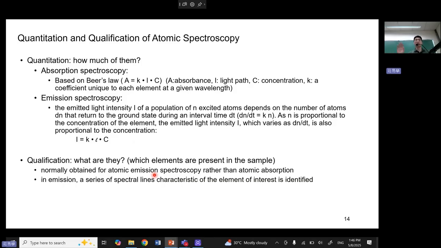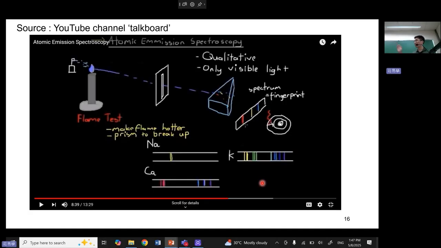But at this point, try to keep in mind, when you want to do qualification, you want to identify what elements might be inside your solution. So in this case, we prefer to use atomic emission spectrometry rather than atomic absorption. That's because in emission, a series of spectral lines characteristic of the elements of interest is identified. And let's look at this slide.